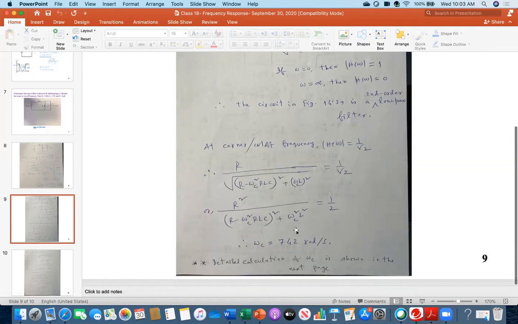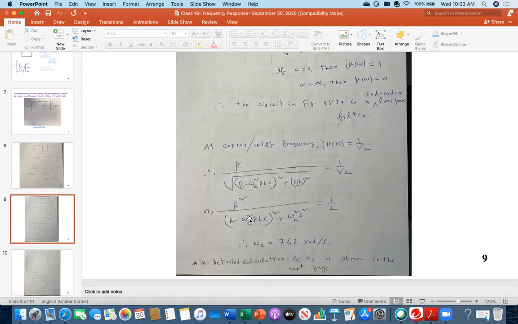I have said that the detailed calculation of ωc is shown on the next page. Can you see the format of the equation? Because it is ωc squared, and then again squared, it gets ωc to the fourth power.